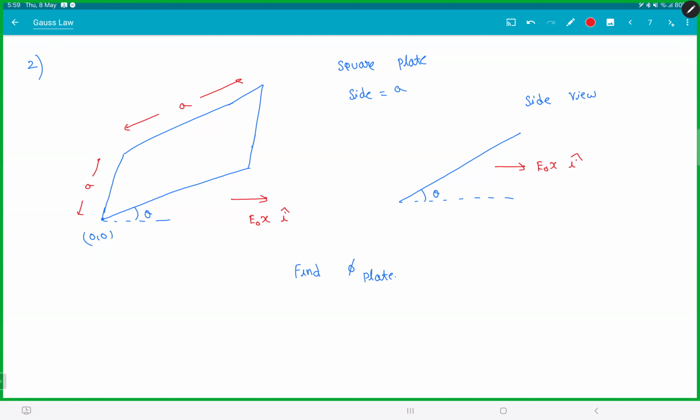And how will you take the limits? These are the three things you need to think. How are you getting sine 2 theta?